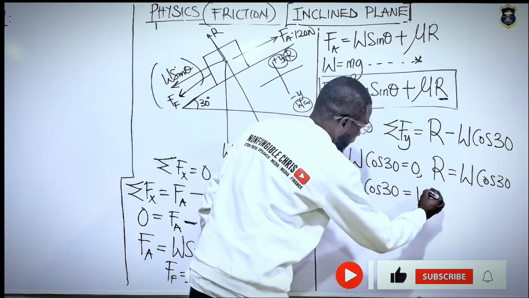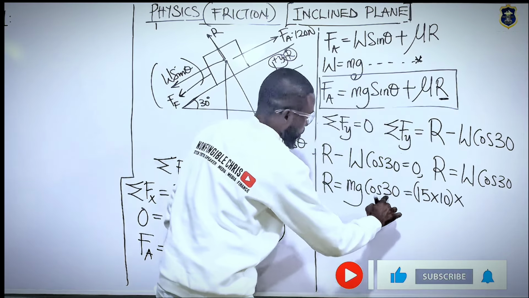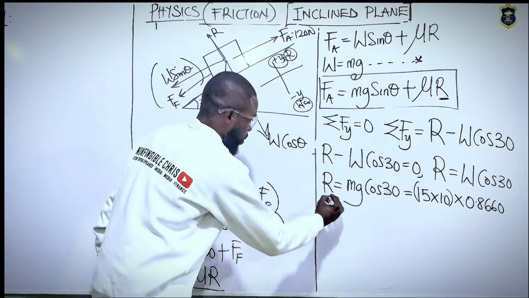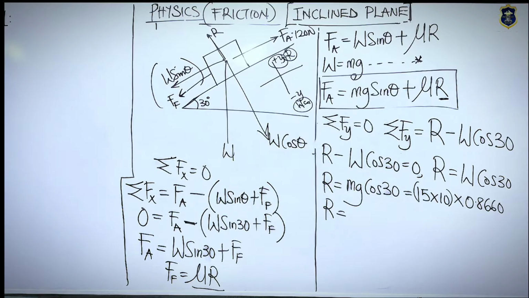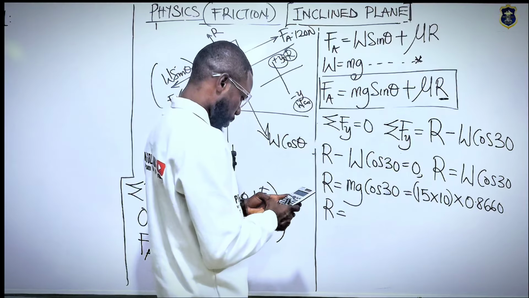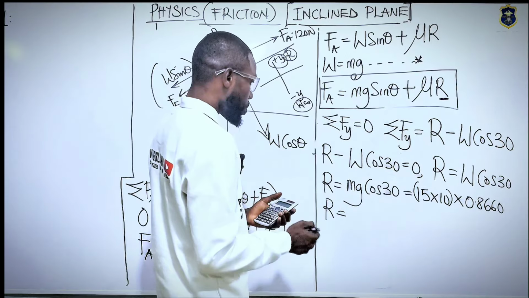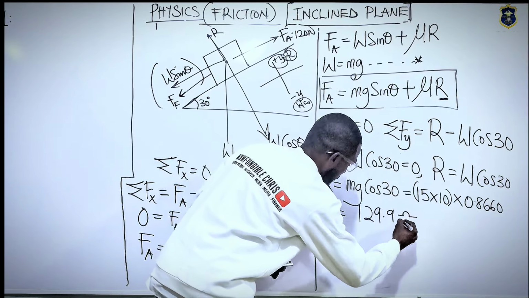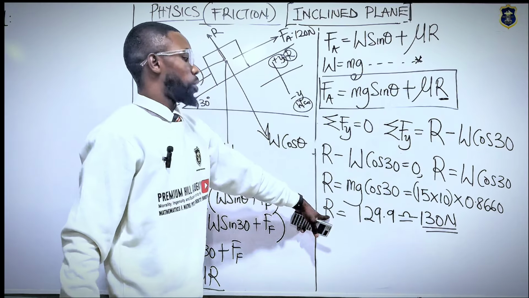Our m there is 15, g there is 10, times cos 30, which is 0.8660. So if I multiply that, my normal reaction becomes 150 times 0.8660. That's 129.9, approximately 130 Newton.